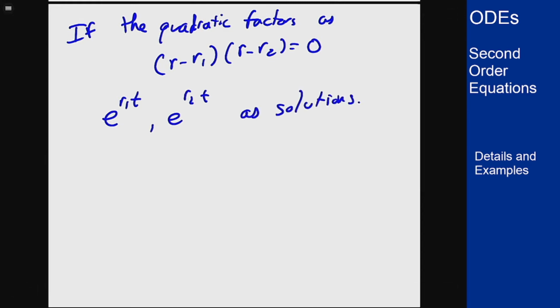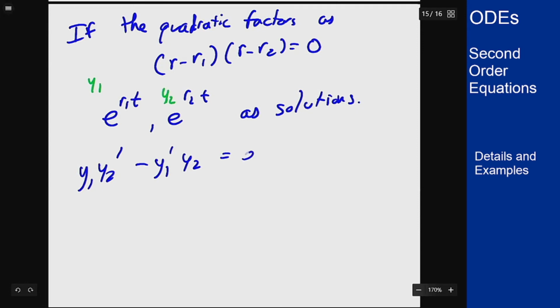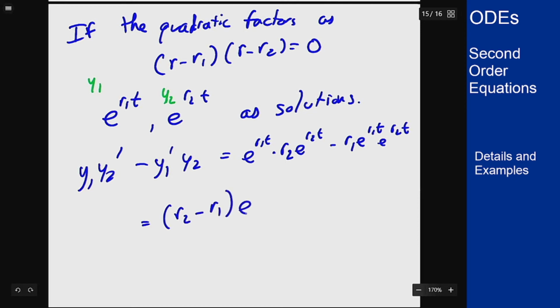If we plug it into our expression here, y1, y2 prime minus y1 prime, y2, if this is y1 and this is y2, this will become e to the r1t times r2 e to the r2t minus r1 e to the r1t e to the r2t, or r2 minus r1 times e to the r1 plus r2 t.